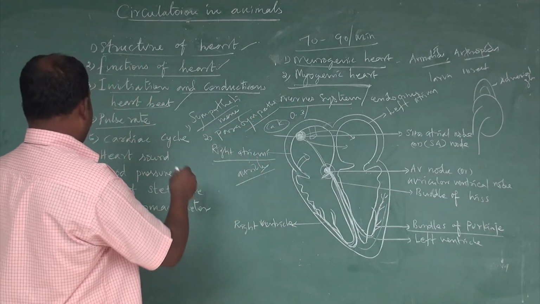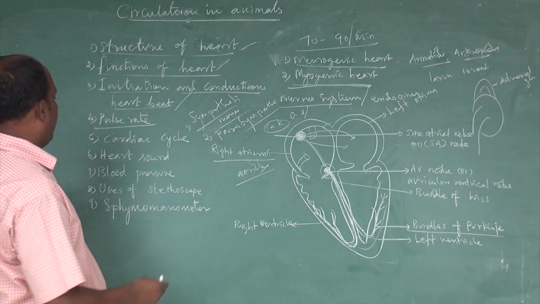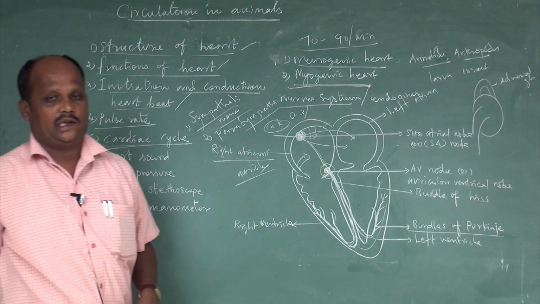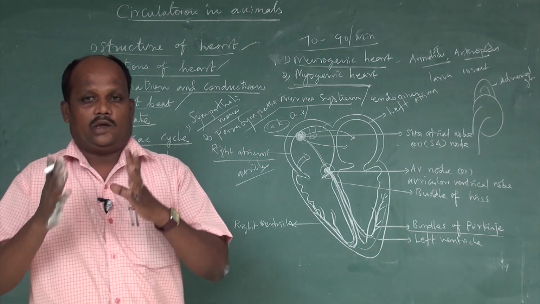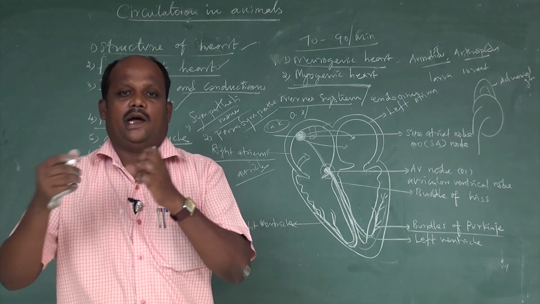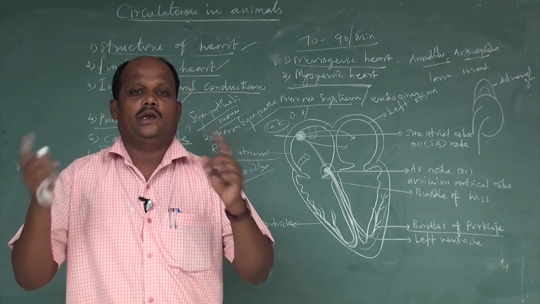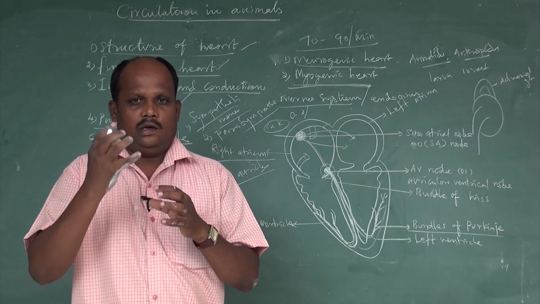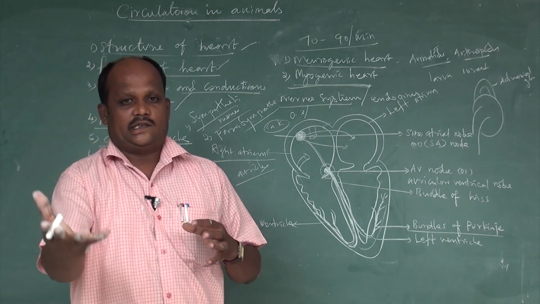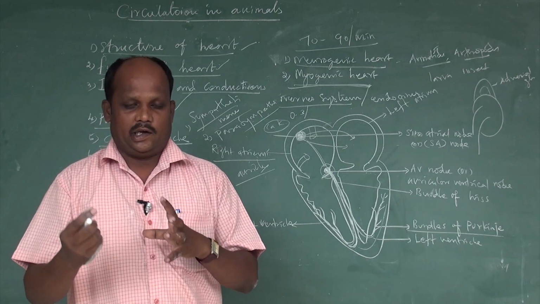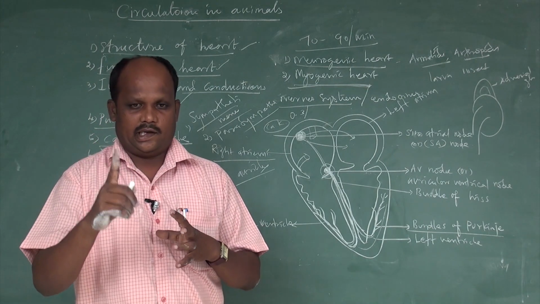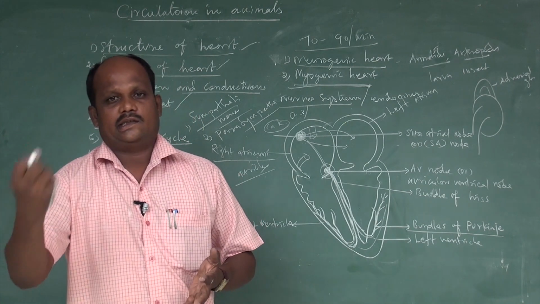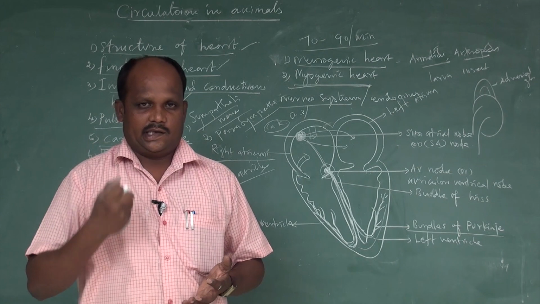Next we are going to start the cardiac cycle. What is the cardiac cycle? The heart muscles contract and relax; that is called the cardiac cycle. One cardiac cycle includes the heart chambers and heart muscles contracting and relaxing.